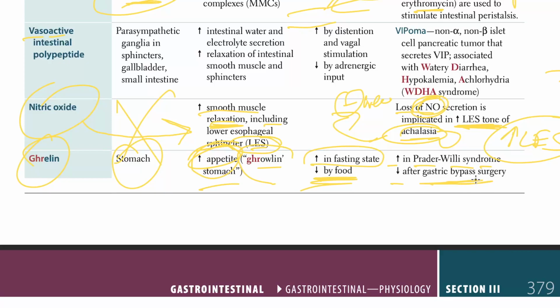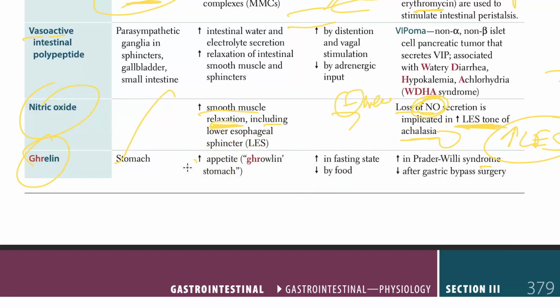So if you are increasing the appetite, you're causing weight gain, right? What's the other hormone that is the opposite of this? That is your leptin. So ghrelin makes you hungry, makes you grow. Remember that mnemonic? And leptin is making you thin.